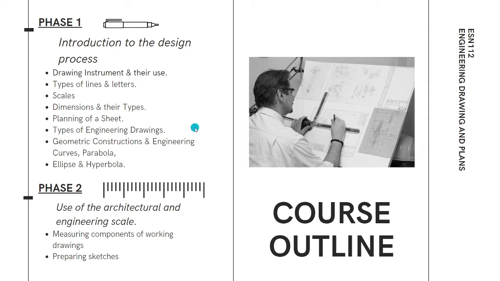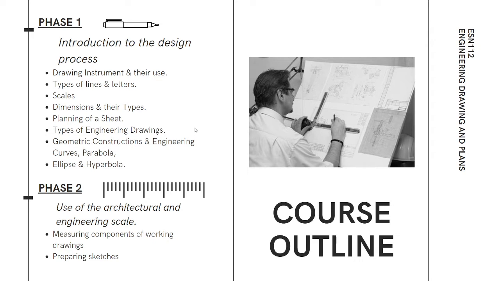There are a lot of steps in our course outline. The first phase is the introduction to the design process. I would be explaining to you what the drawing instruments and their uses are for our manual drafting.